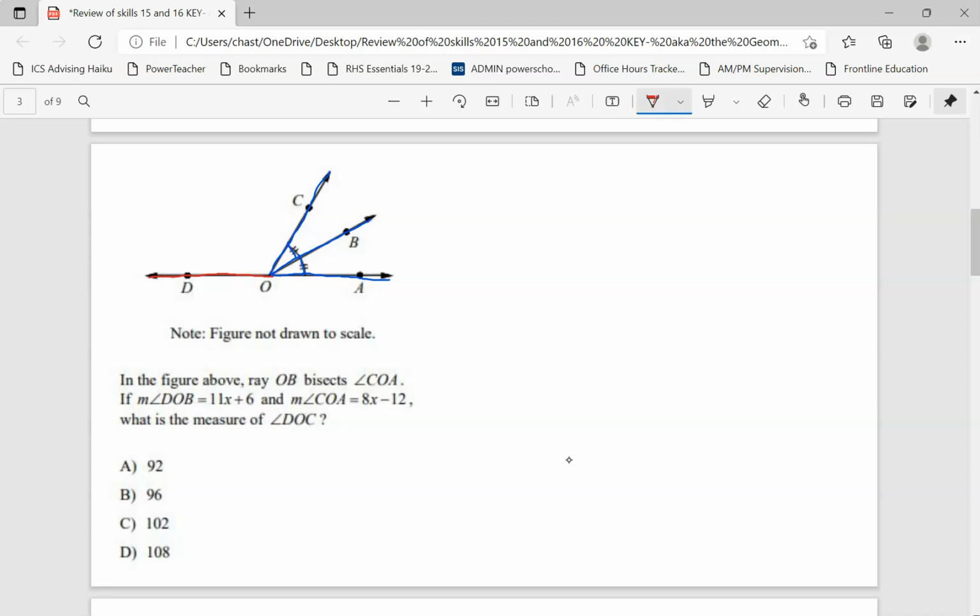So DOB, that whole thing is 11x plus 6. The measure of angle COA, so this part right here, is going to be 8x minus 12. We want to figure out the measure of angle DOC.